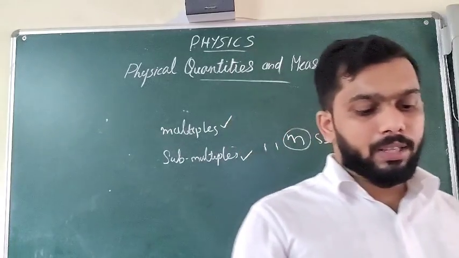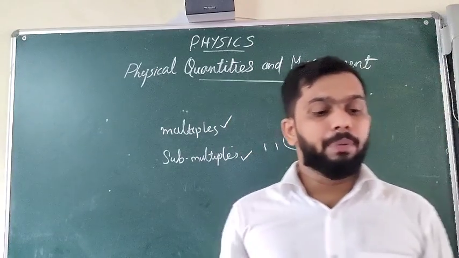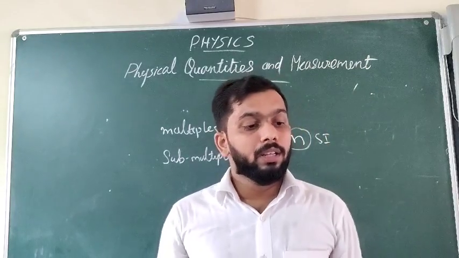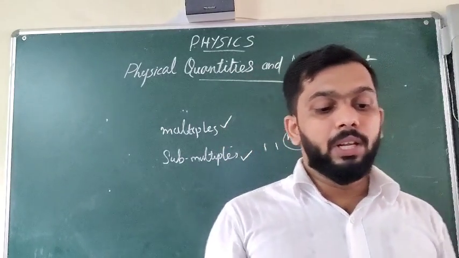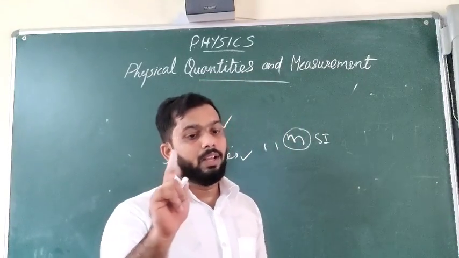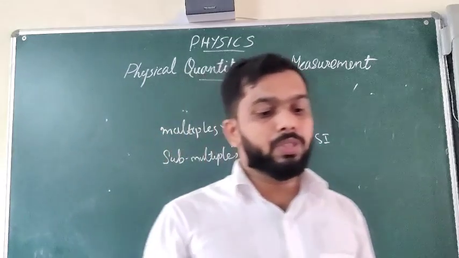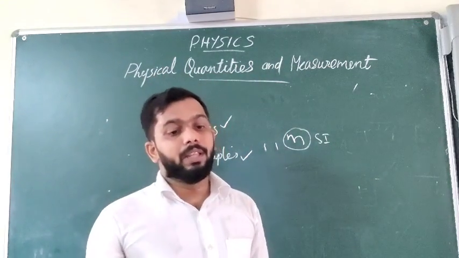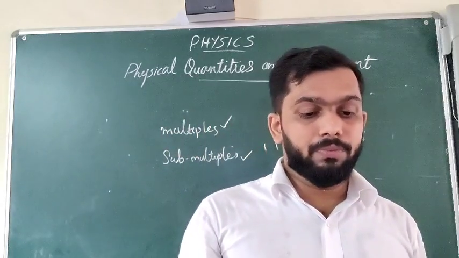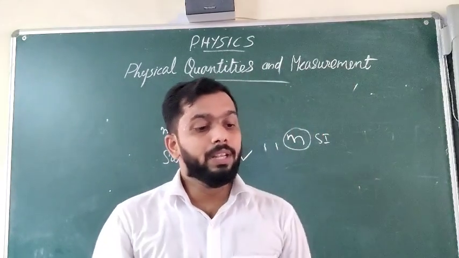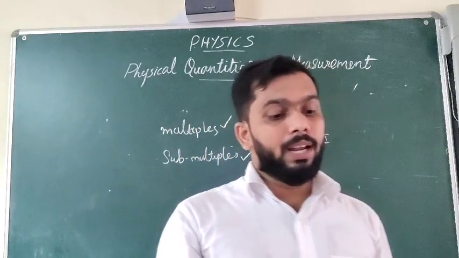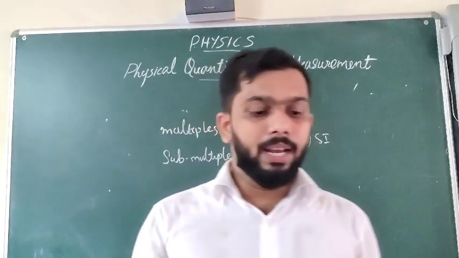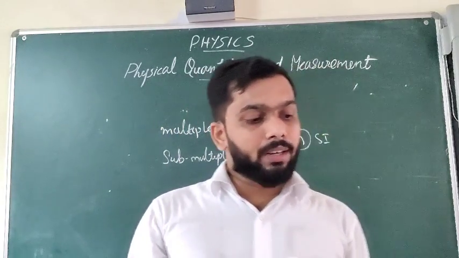So what is given there? Multiplier, prefix, and length, mass, capacity or volume are given. If it is very small, we will use millimeter. In case of mass we will use milligram, and for liter we will use milliliter. Then centi: length is in centimeter, mass is in centigram, and finally centiliter.